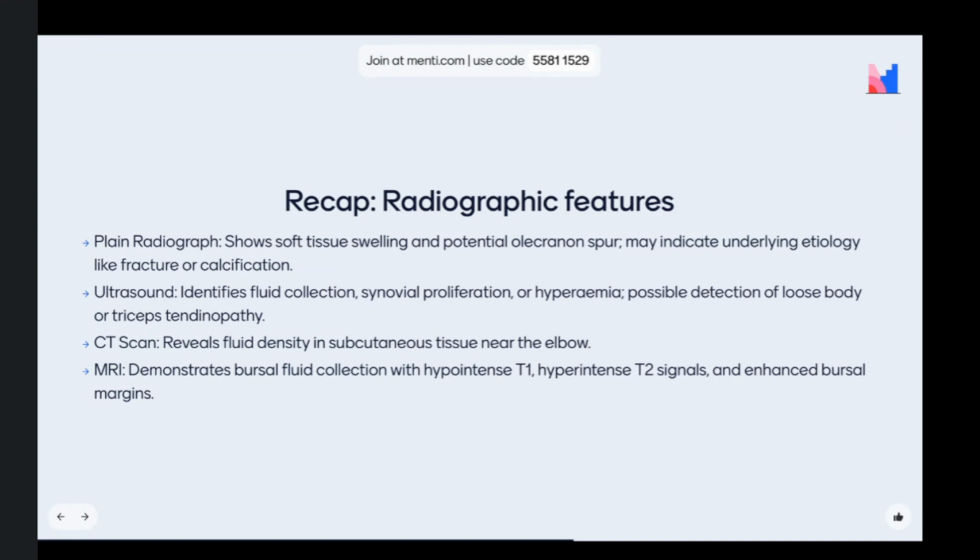The CT scan reveals fluid density in subcutaneous tissue near the elbow. But as we said, the first thing to do is the plain radiograph and then the ultrasound, which is the best for soft tissue. There's also the MRI, which demonstrates bursal fluid collection with hypointense T1 and hyperintense T2 signals and enhanced bursal margins.